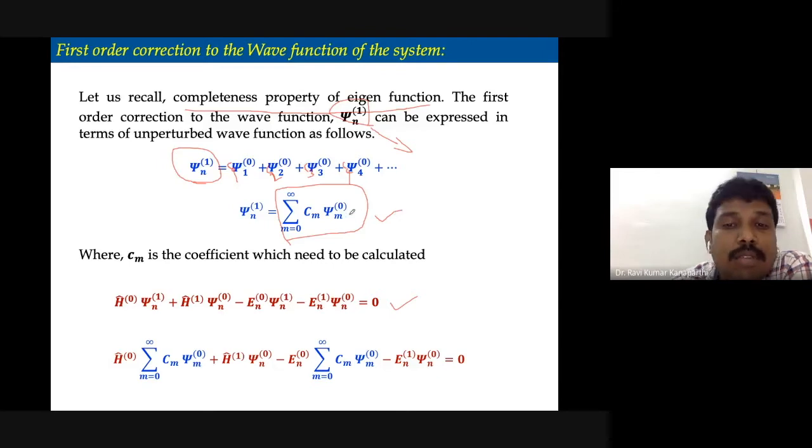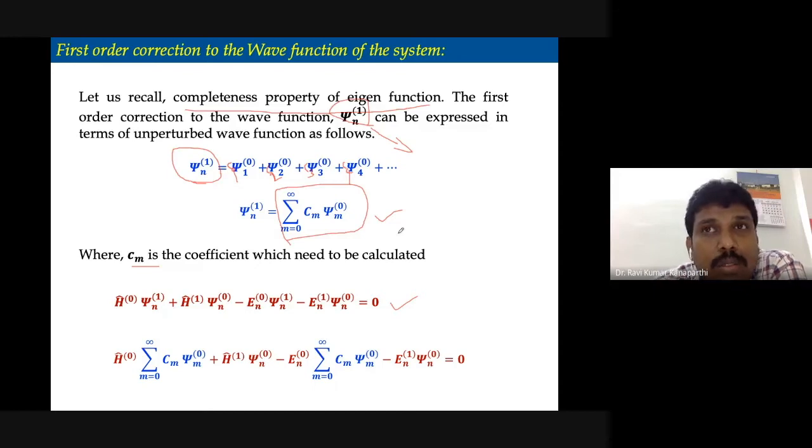Here m can be any number from 0 to infinity. So what is Cm? Cm is the coefficient which needs to be calculated.